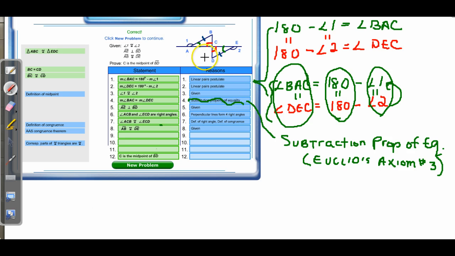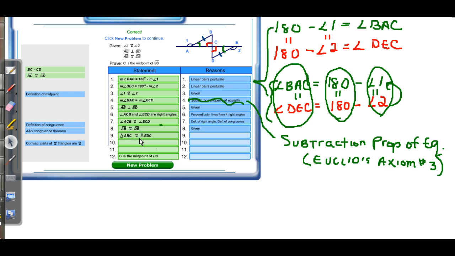Well, it looks to me now like we have angle, angle, side, angle, angle, side. So these triangles are congruent by the angle, angle, side theorem. So let's go ahead and state that. So here are the triangles.